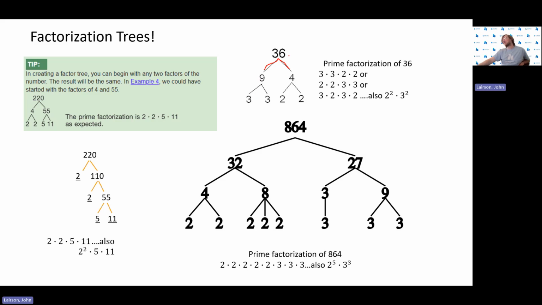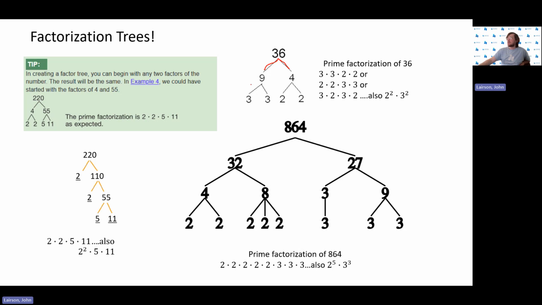I personally would have broken it up into 2 times something because it's easier to see that it's even, and so 2 will be one of the branches. These factor trees aren't unique, but they are always going to end in the same primes at the end.